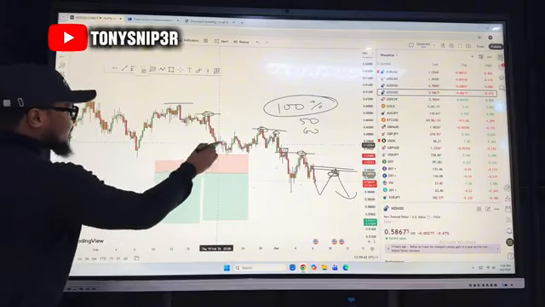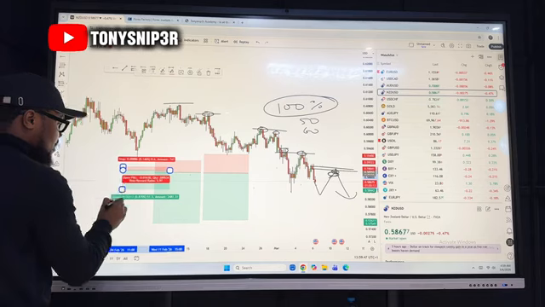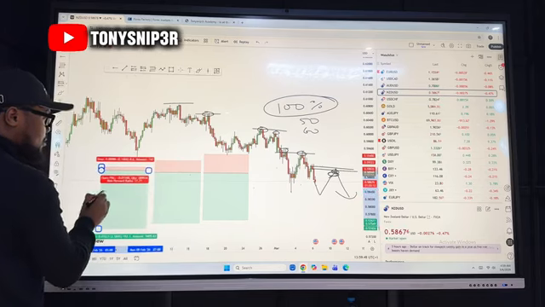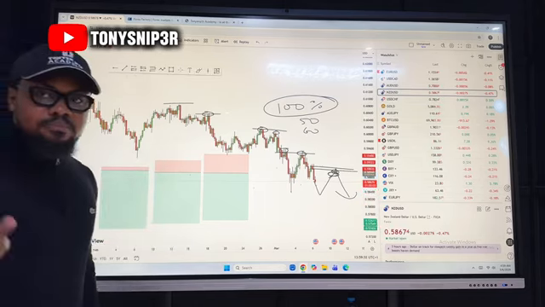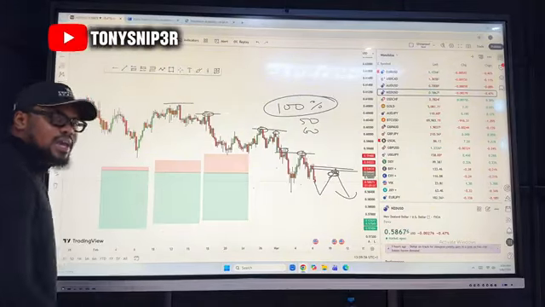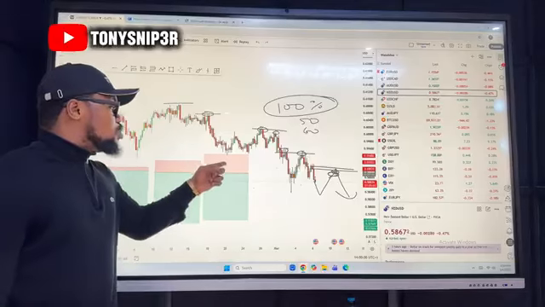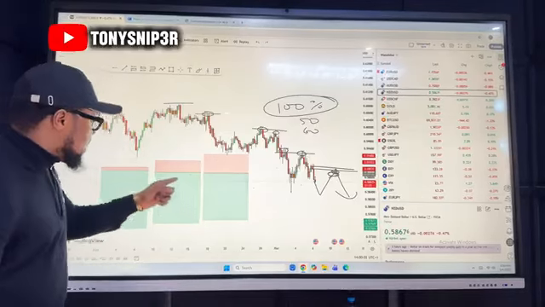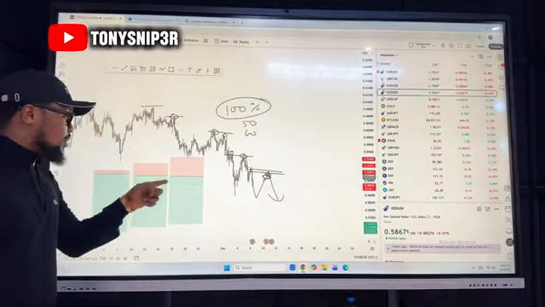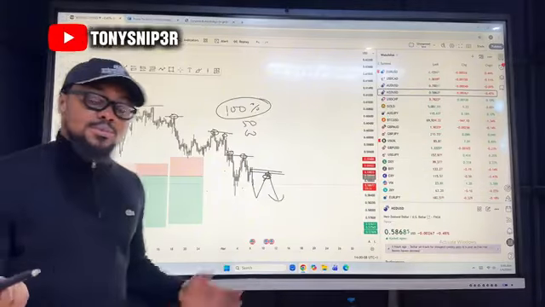Then you're taking another trade like this. The mistake most traders make is that you will use one lot here, one lot here, one lot here. But forgetting, if you get stopped out here, you would lose $500 with one lot. If you get stopped out here, you will lose $300 with one lot. And if you get stopped out here, you will lose just $80 with one lot.